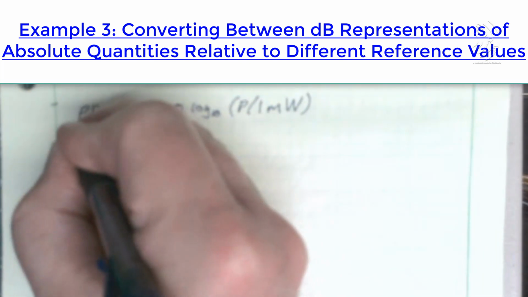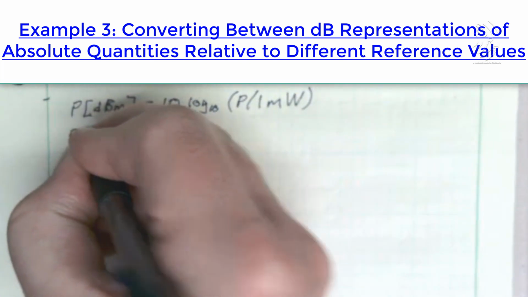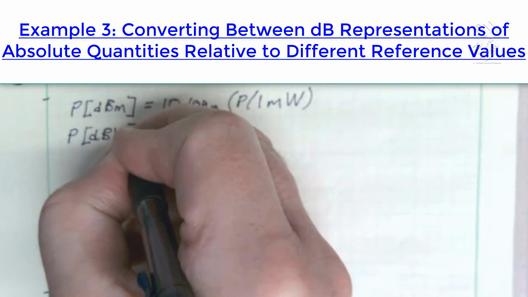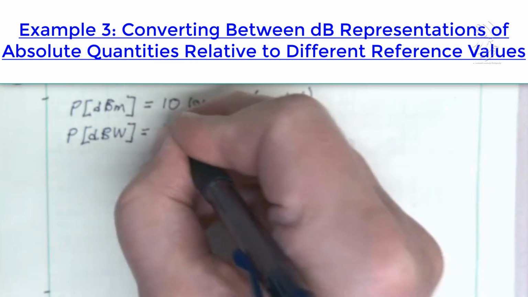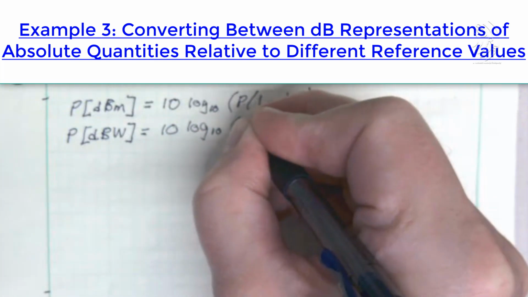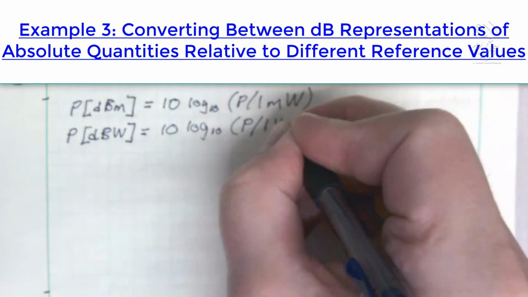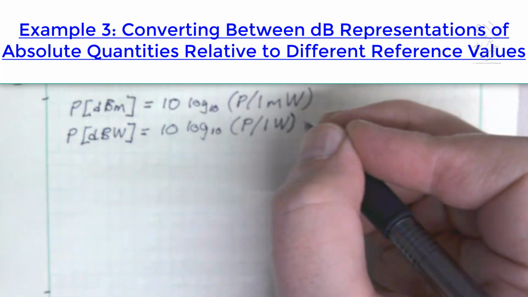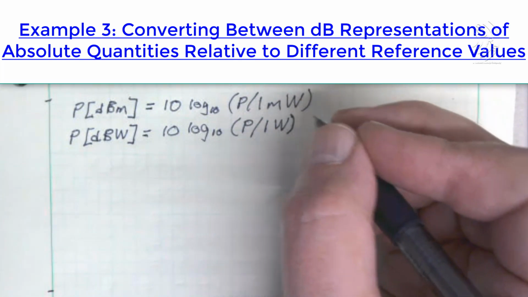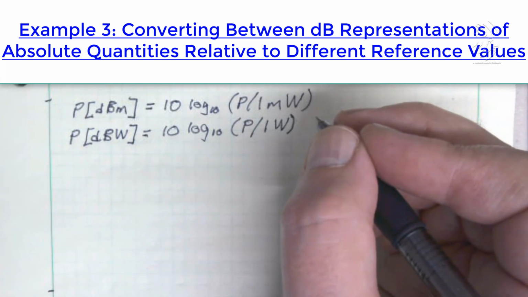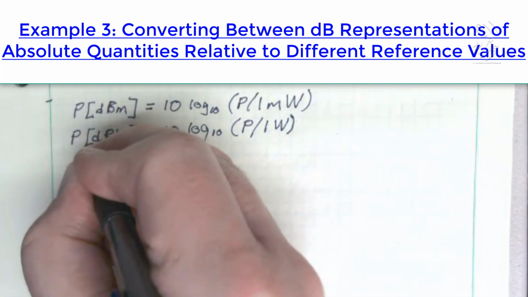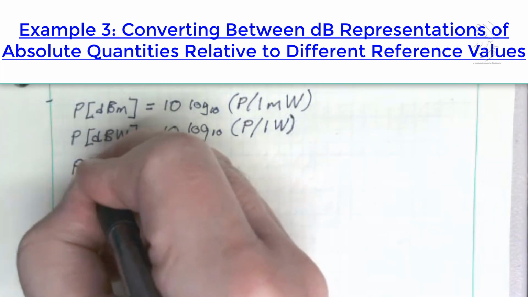And similarly, we can calculate power in dBW as 10 times log base 10 of P over 1 watt. And we can express a power level that is represented in dBW as a power level represented in dBm.